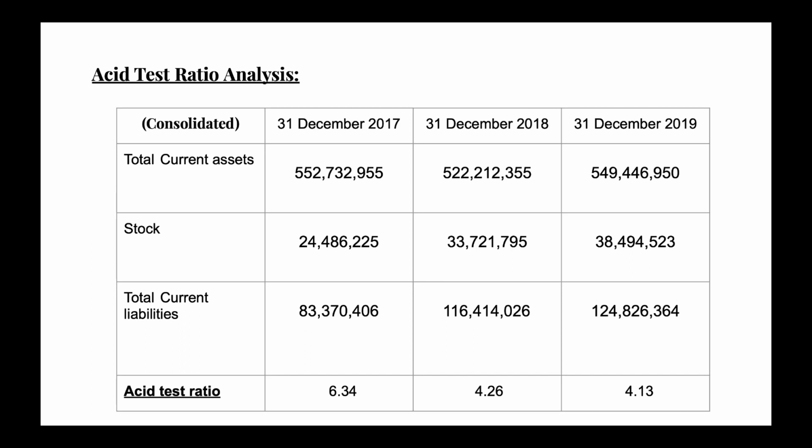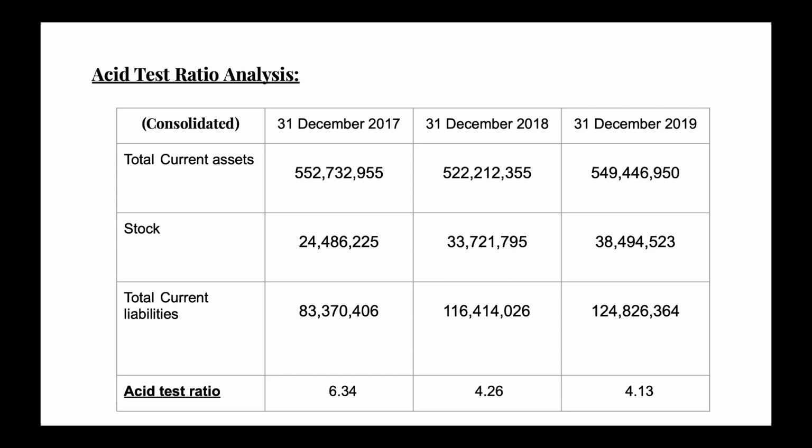However, caution must be taken because too high an acid test ratio suggests that the company is holding on to too much cash. So this could be used more effectively in the company or invested in interest-bearing security such as a bank savings account.